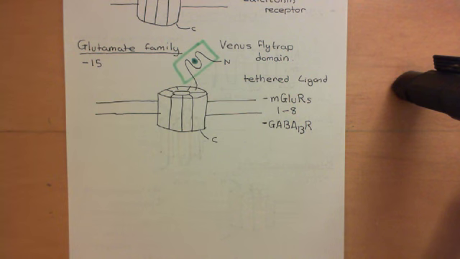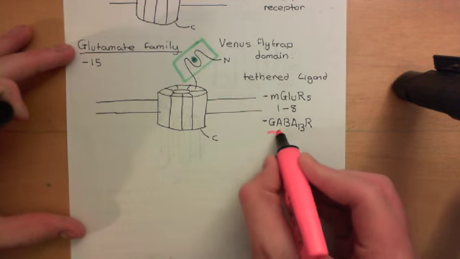They mediate the fast transmission by opening and allowing in chloride anions into the cell and inhibiting the postsynaptic neuron. But you also have receptors that are located presynaptically for GABA, and these are G-protein coupled receptors, the GABA B receptors.